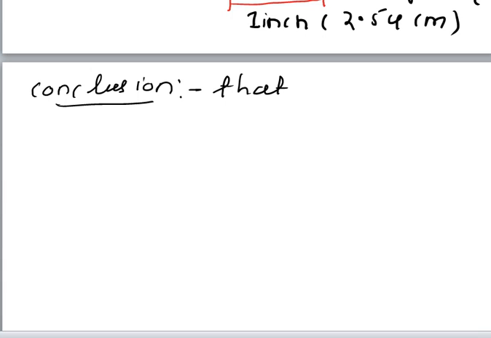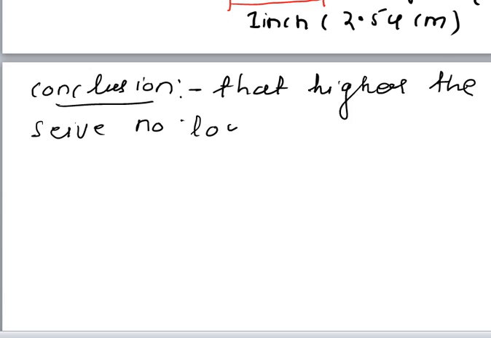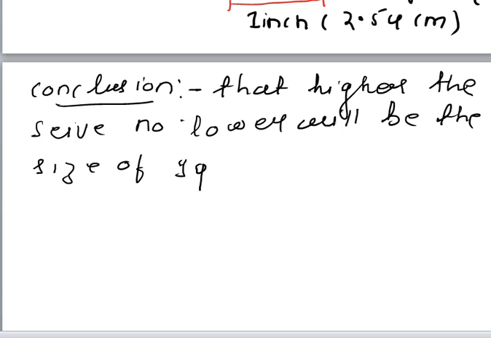It means that the higher the sieve number, the lower will be the size of square opening. So this is the conclusion we have drawn ultimately.